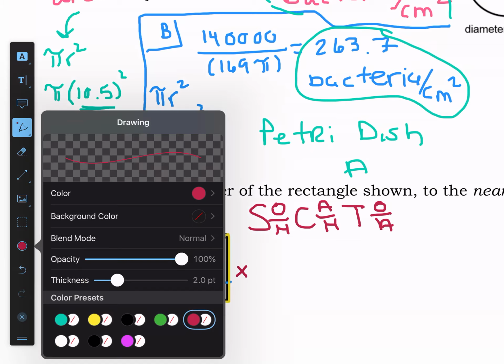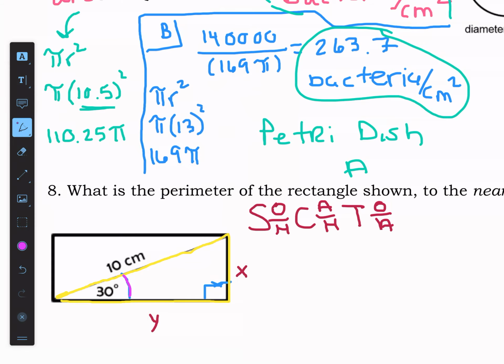So now let's label our opposite, adjacent, and hypotenuse. Okay, so in reference to the 30-degree angle, the X is my opposite side, the Y is my adjacent, and the 10 is my hypotenuse, okay? So let's first focus on finding X. So if I want to find X, I'm looking for the O, and we already have the H. So I'm looking over here of which trig function uses O and H. So that's going to be sine, okay?